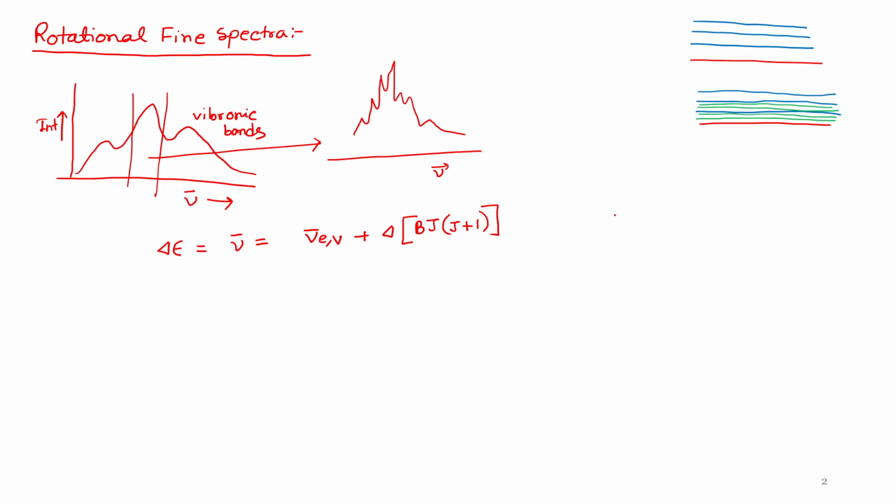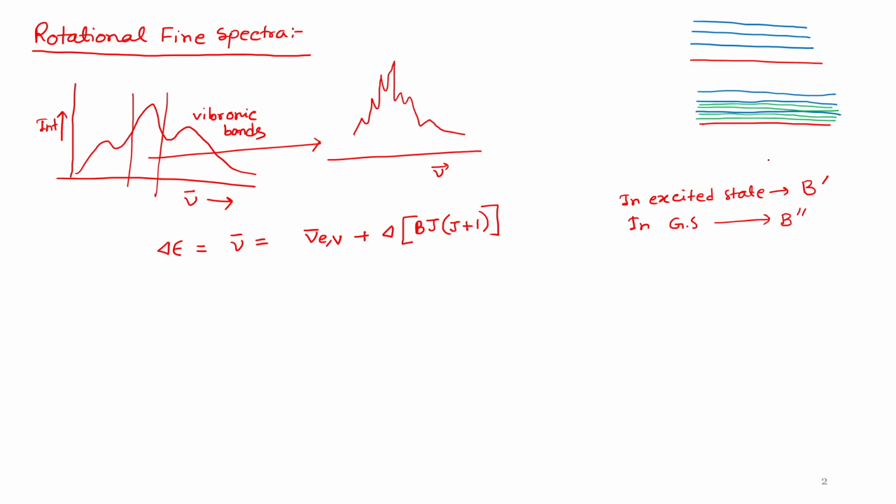Because we are approximating right now that for the excited state it is B single dash, and in the ground state it is B double dash. What is the relation between a rotational constant and bond length?